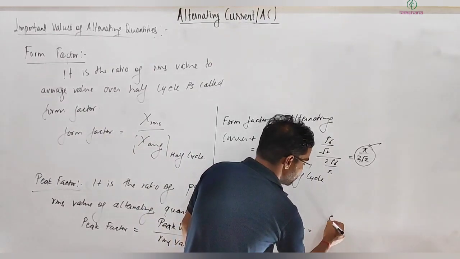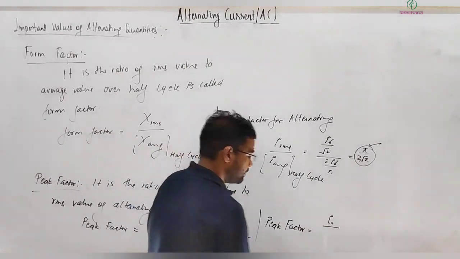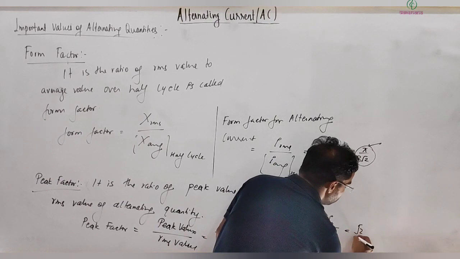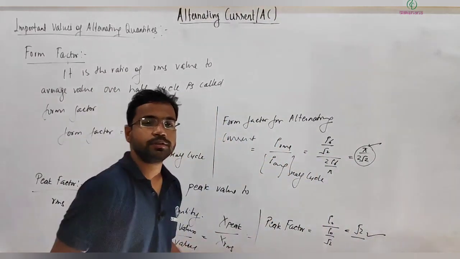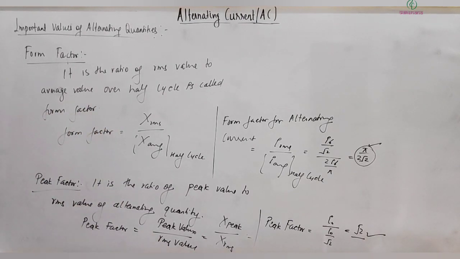So peak value, if I talk about alternating current, is I naught, and RMS value is I naught by root 2. So this will be simply equal to root 2. So these are just a few terms, form factor and peak factor.